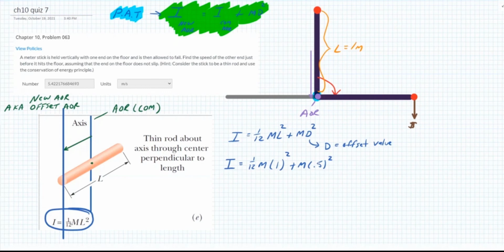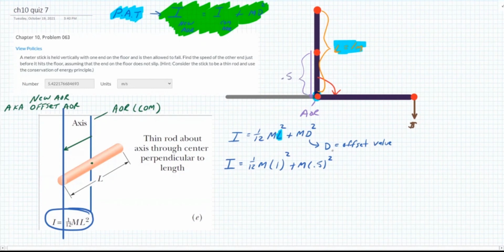Right here, 1/12 ml squared. L is referring to the rod length. D is referring to the offset between the center of mass, which is right here, and my offset AOR. This distance right here is L over 2, or just 0.5.